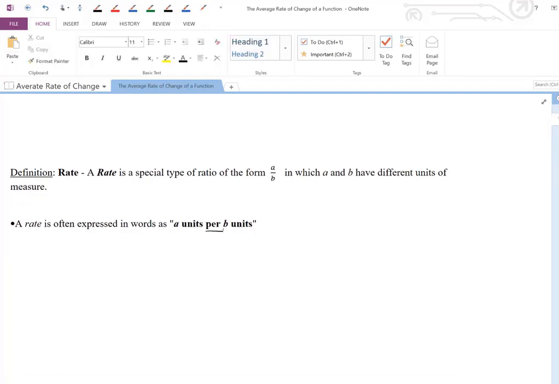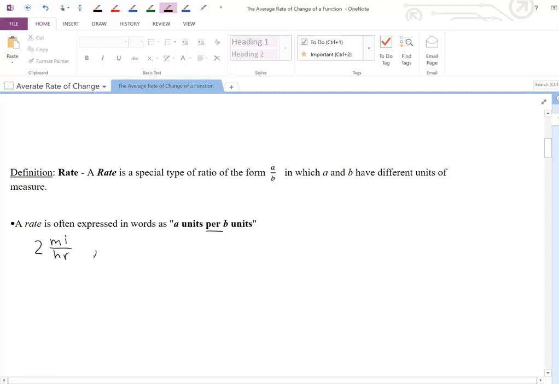You know, we could make things up like, for instance, 2 miles per hour. That is a rate. Numerator, miles, units, and denominator, hours, units. A rate.